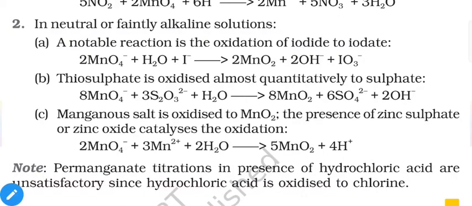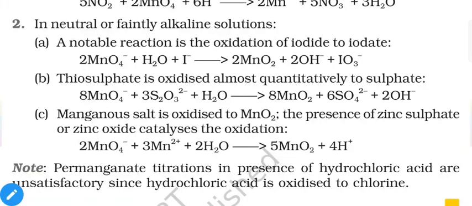Here we have IO3-, which is called iodate, just like chlorate, it is iodate. Thiosulfate is oxidized almost quantitatively to sulfate. So MnO4- plus S2O3 2-, that means thiosulfate, gives us SO4 2-, sulfate.